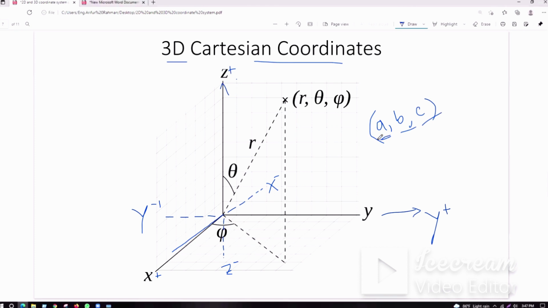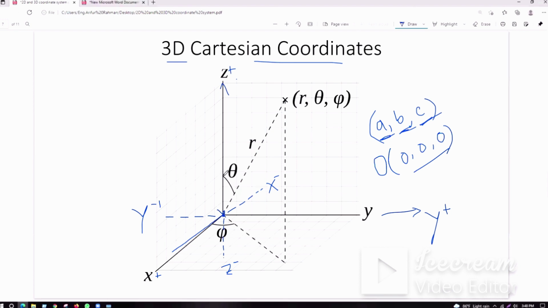So in the 3-dimensional coordinate system, every point has coordinates A, B, C: abscissa, ordinate, and height. It's important to mention here that the coordinates of the origin, if we say O, is 0, 0, 0. So for every point we have to mention 3 numbers, 3 lengths: one for the length in x direction, another for y direction, and another for z direction.